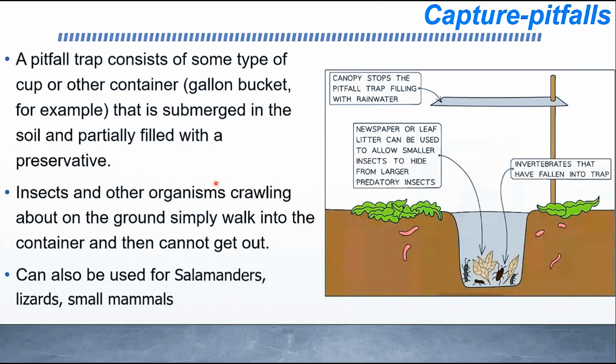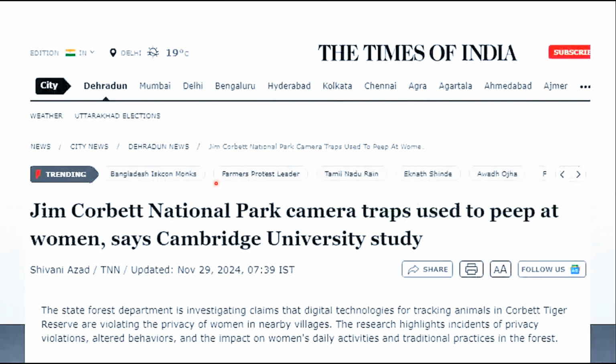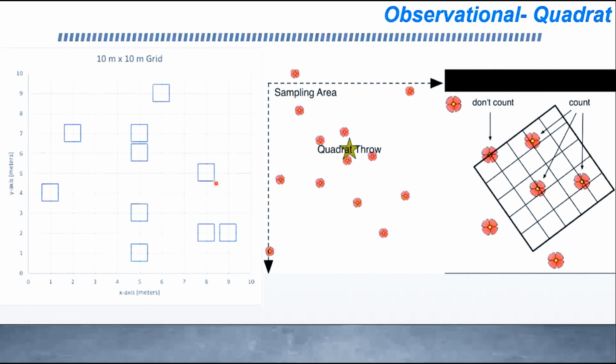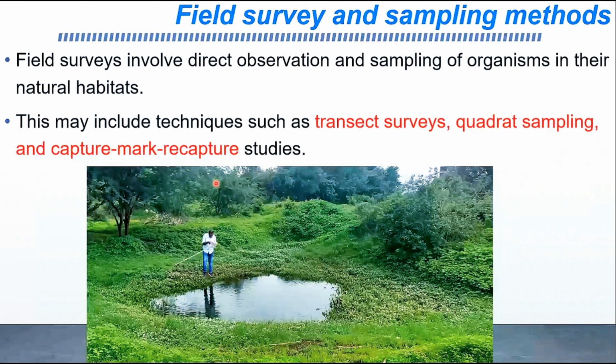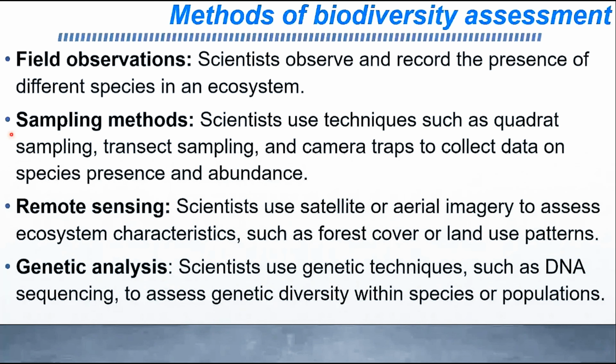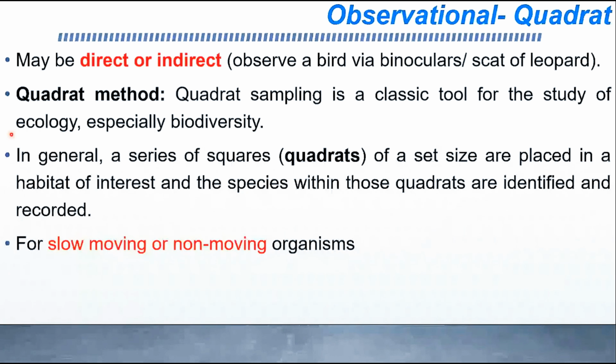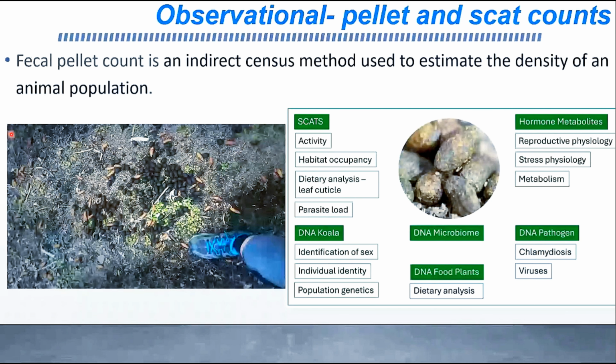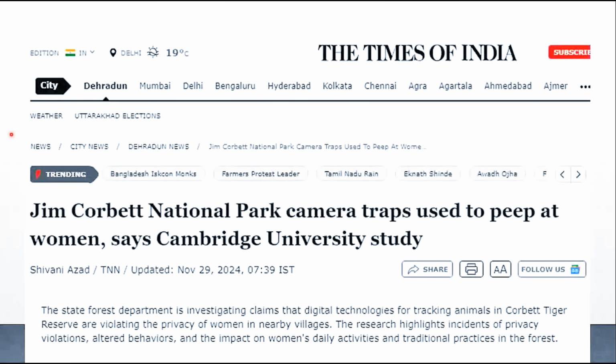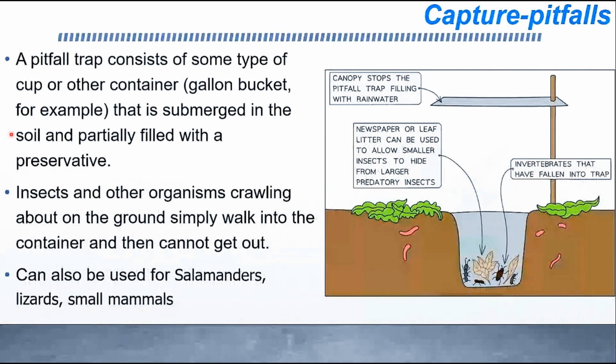Okay, now moving forward, we move to the second kind of category. The first category was the observational sampling method, right? The next category is where we actually capture the animal to look at the diversity.